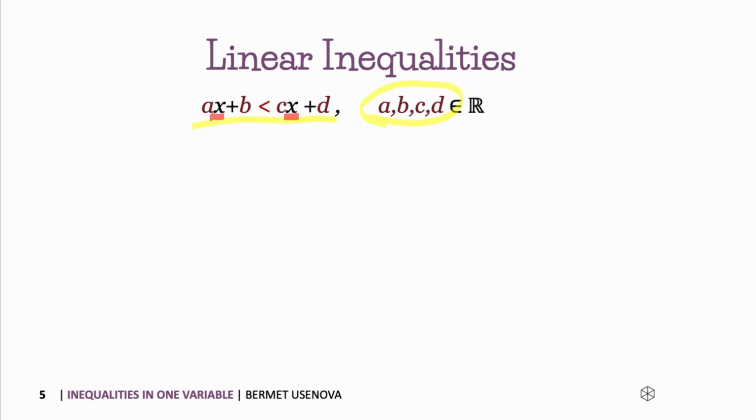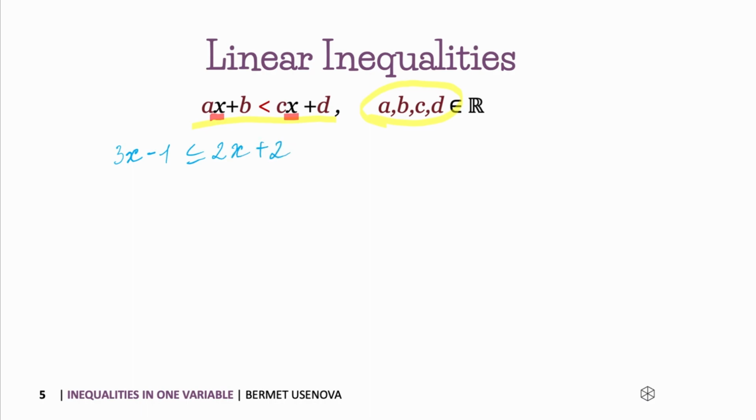All right. In order to find the solution set of an inequality, it's very useful to collect all the unknowns on one side and all the constants on the opposite side. So for example, if we have an inequality in the form of 3x minus 1 less than or equal to x plus 2.